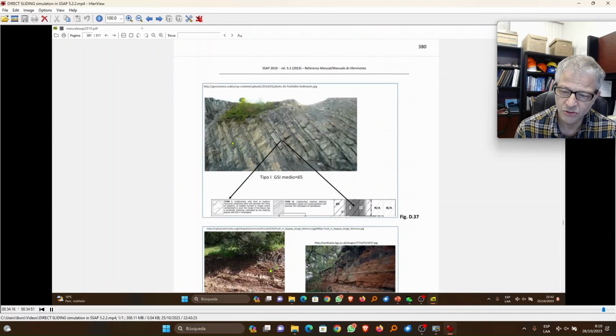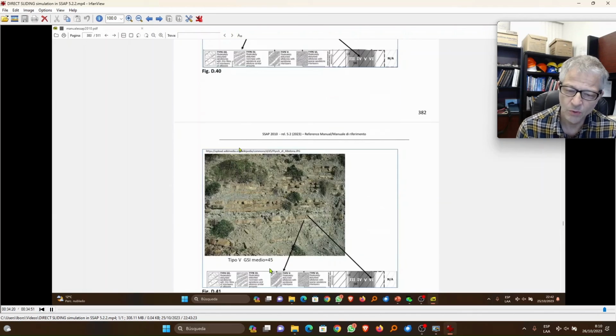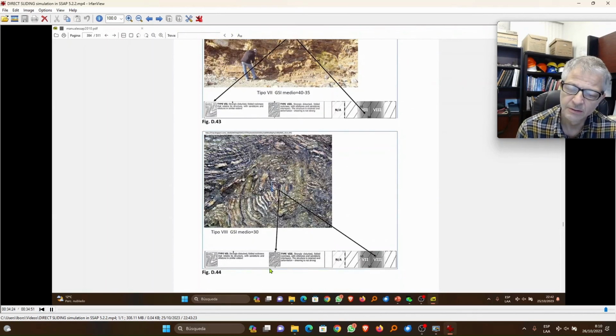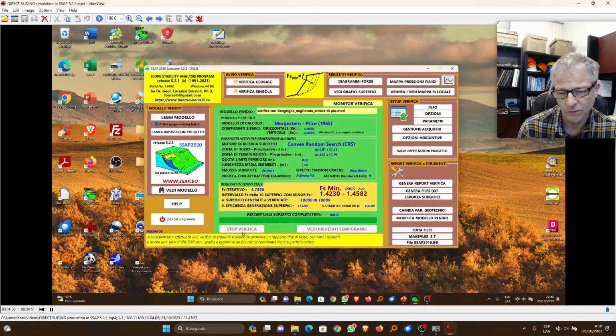Of course, you also have a special atlas of images to evaluate, in special cases for flysch formation, the GSI value in a qualitative way. Otherwise, we can use the method presented for quantitative GSI determination.